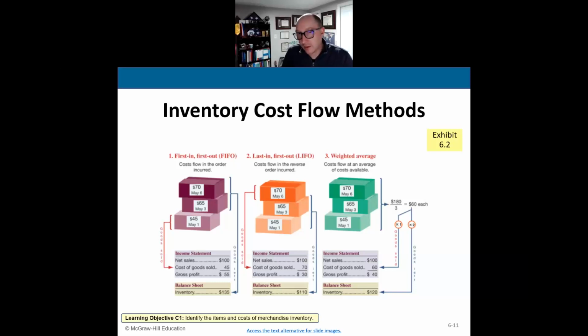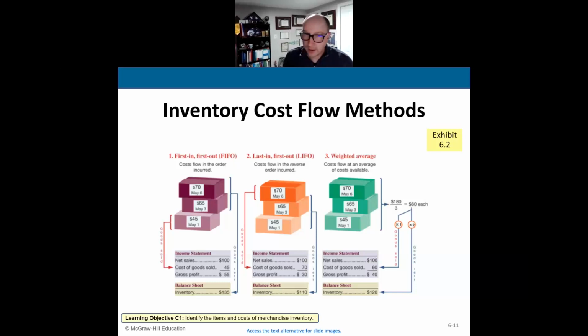Again, the idea here is that the first purchase I made is going to be the first one out. So here we have an example. On May 1st, the company purchased $45 worth of inventory for this particular product. On May 3rd, the company purchased an additional $65 worth of inventory from their vendor for this product.